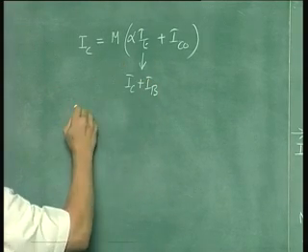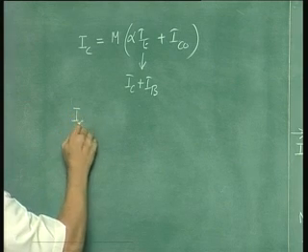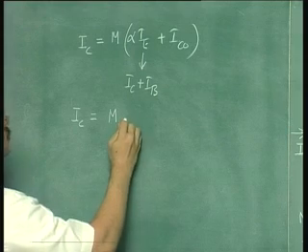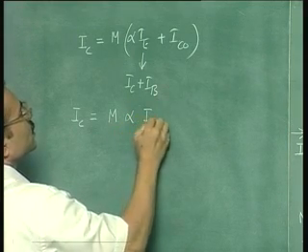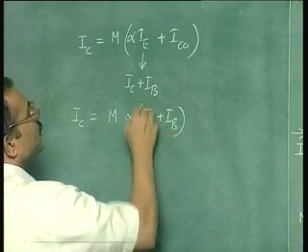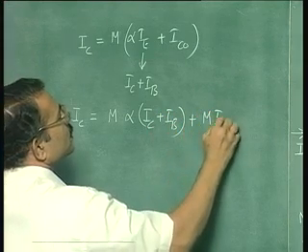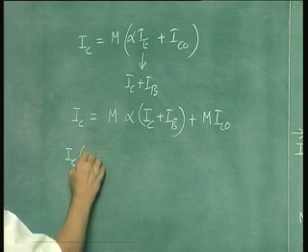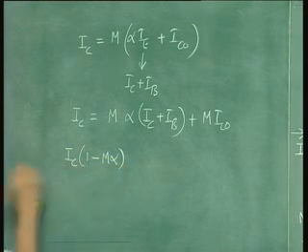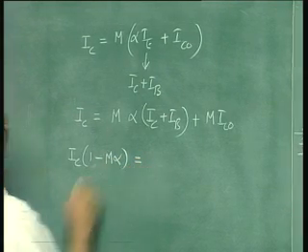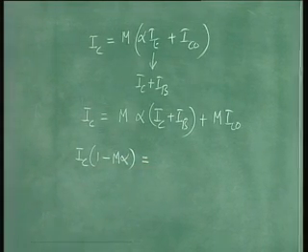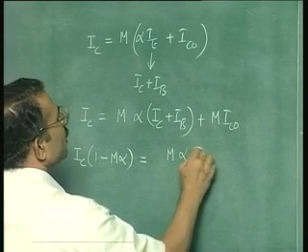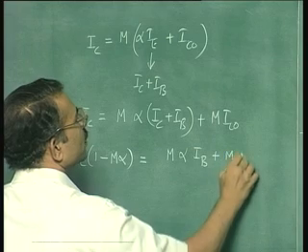So we get IC is equal to M times alpha times IC plus IB plus M times IC naught. Now you shift this IC on this side, you will get 1 minus M alpha into IC is equal to M alpha into IB plus M times IC naught.